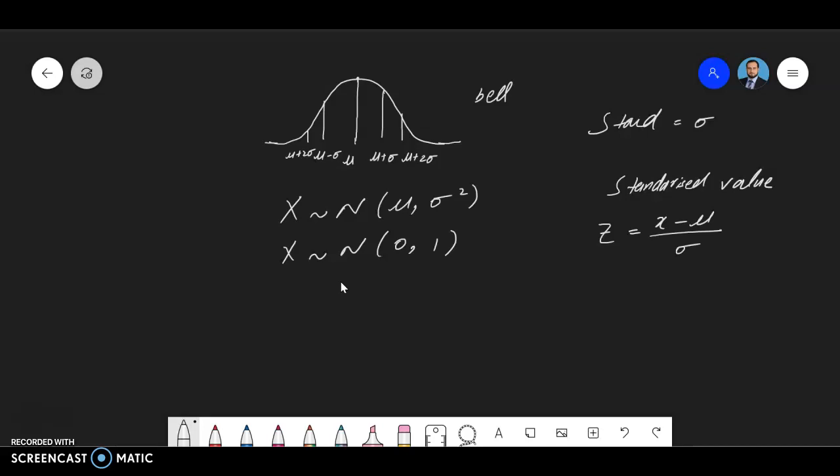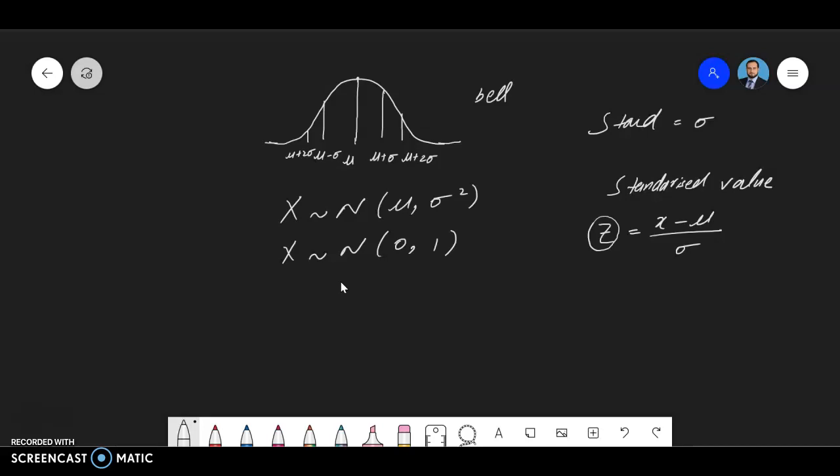So we will be using this formula, but the important point here is that we find the standardized value. We convert any value into a standardized value, and then we can apply the normal distribution to it.